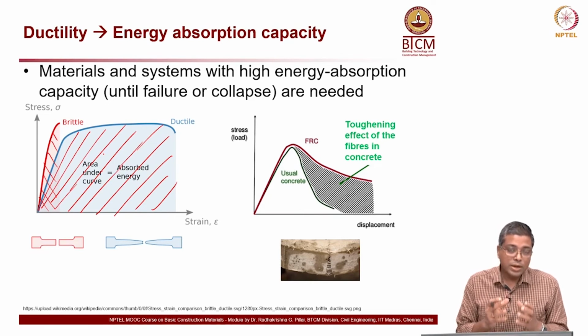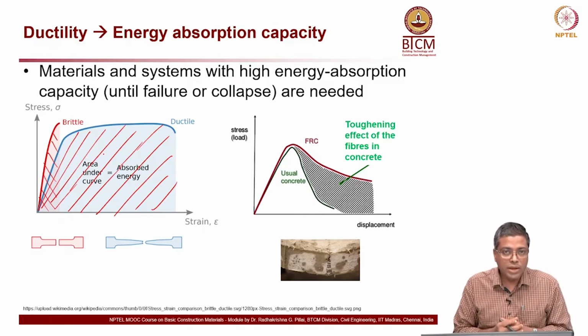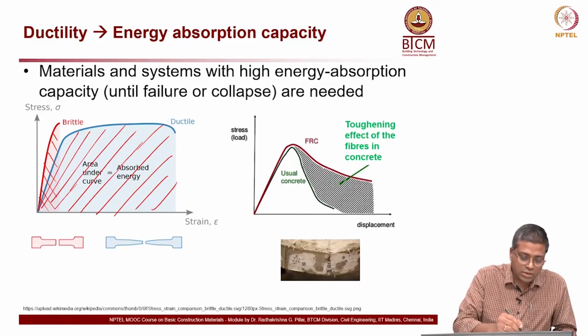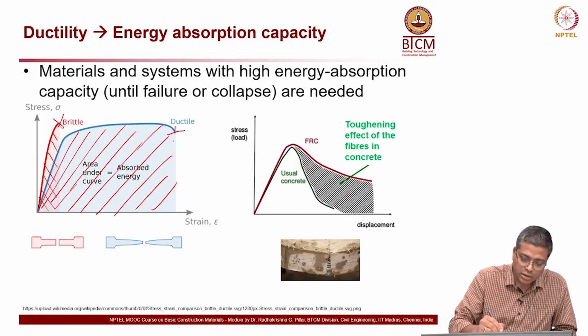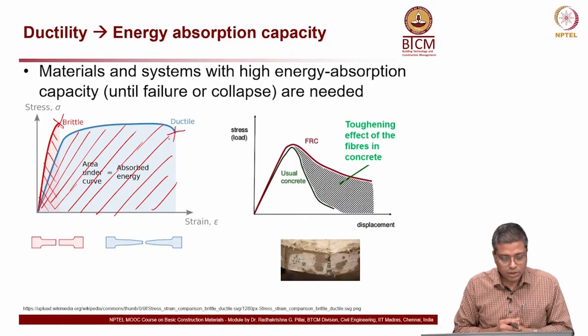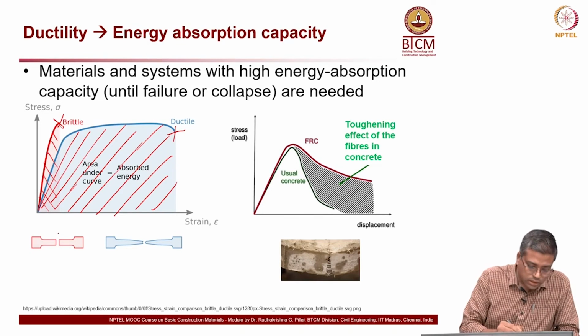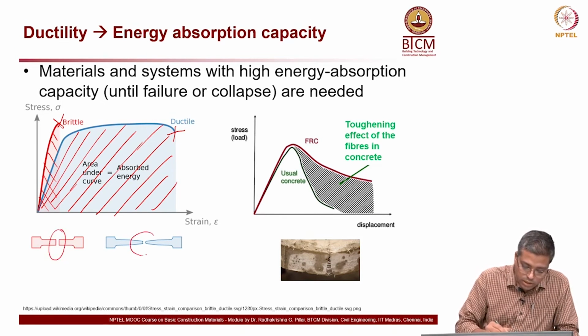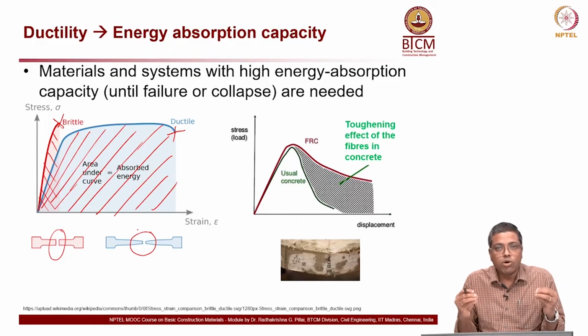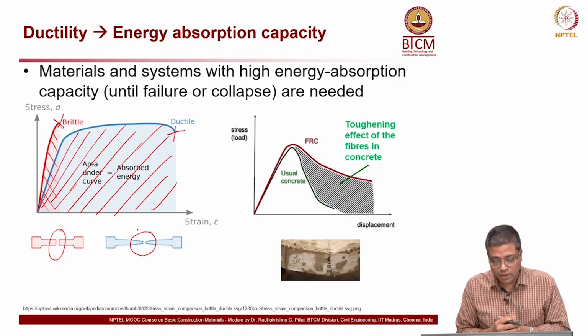That means that the ductile material is able to absorb more energy before it fails or fractures. Fracture happens here and here in these two cases. Here also you can see brittle material, no deformation, ductile material very clearly gets elongated and necking is happening and then eventually it fails.